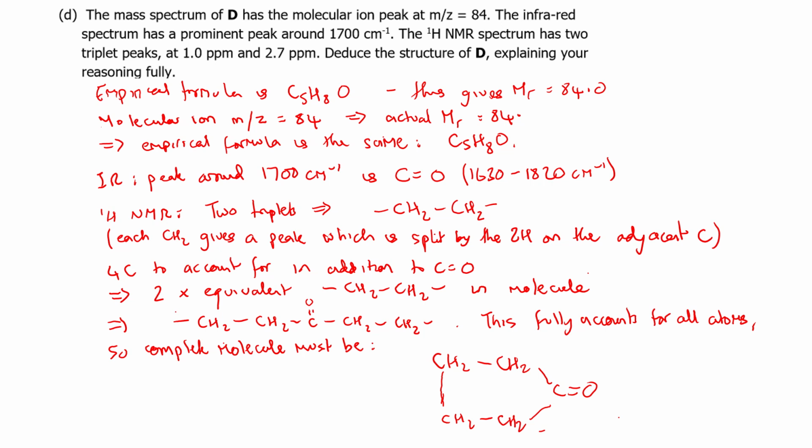And what we should do then is just check the assignments, because we've got the chemical shifts to account for. So these two CH2s, this one and this one, are equivalent.